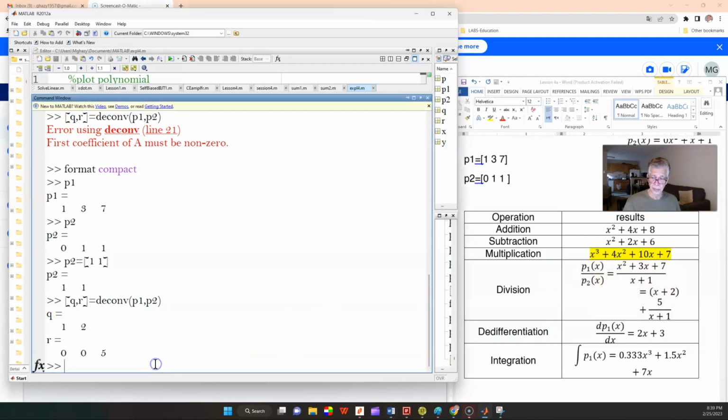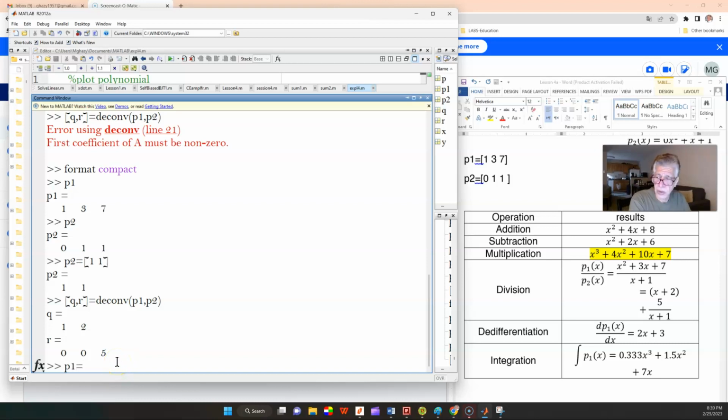Okay. Interesting. Now, how do you differentiate? If we are going to differentiate P1, P1 is equal to x squared plus 3x plus 7.